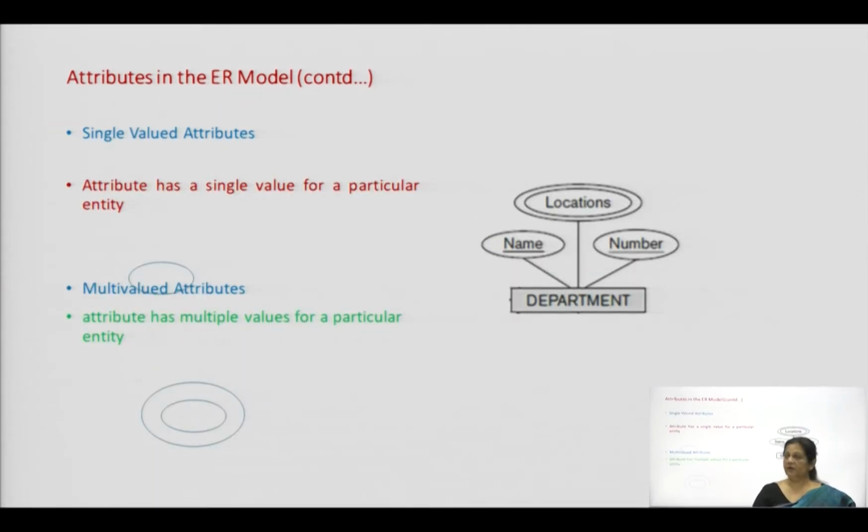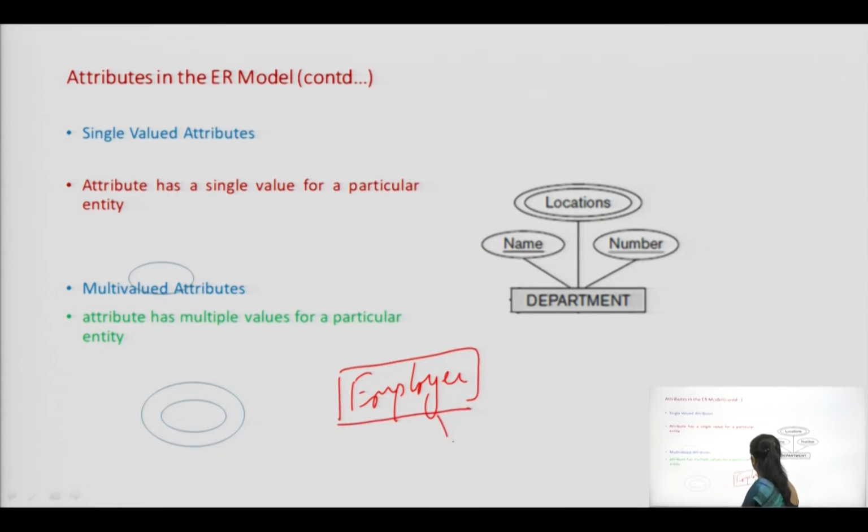So, we have divided this attribute name into 3 different subparts, and such an attribute is called a composite attribute. A single valued attribute means an attribute that can have only a single value for a particular entity. That means, let us say for the employee, I have an attribute name.